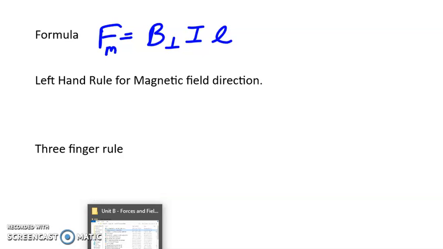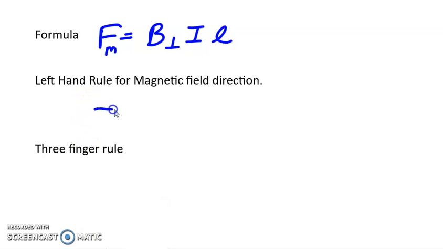Reminder again that the left-hand rule for magnetic fields is going to have a thumb with the fingers wrapped around it. And with the left hand, that thumb is representing the current.